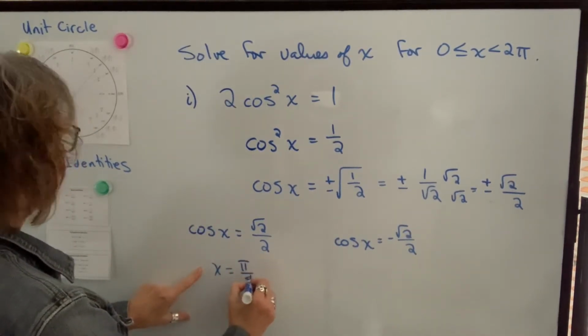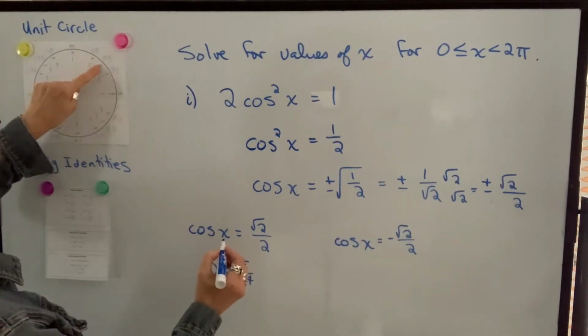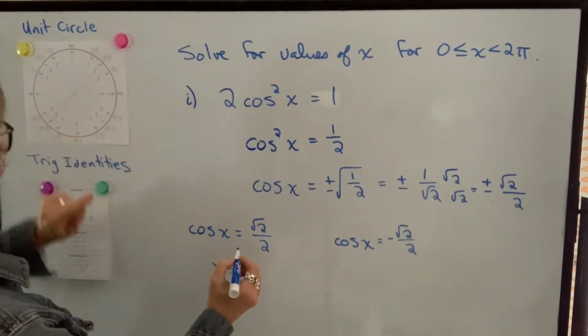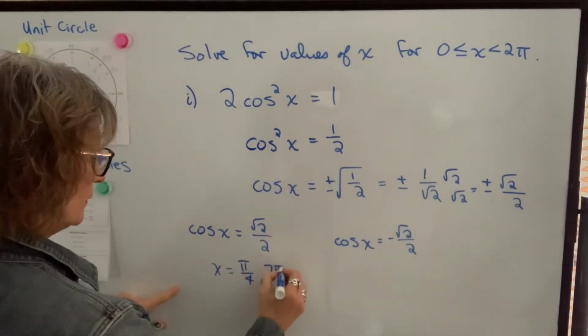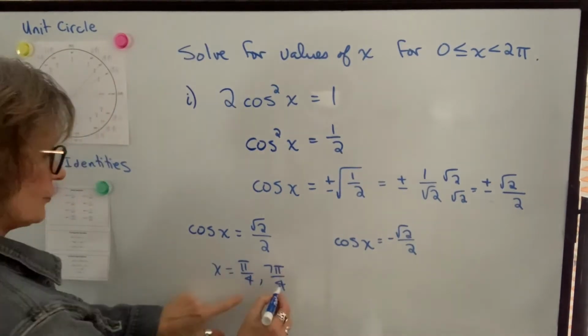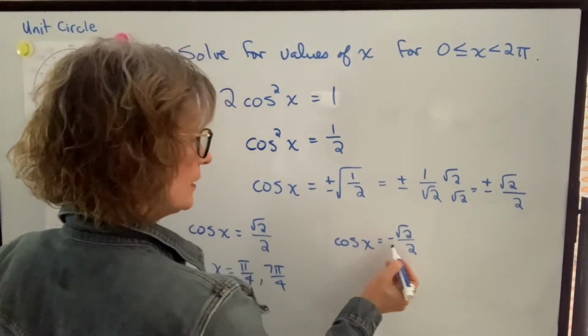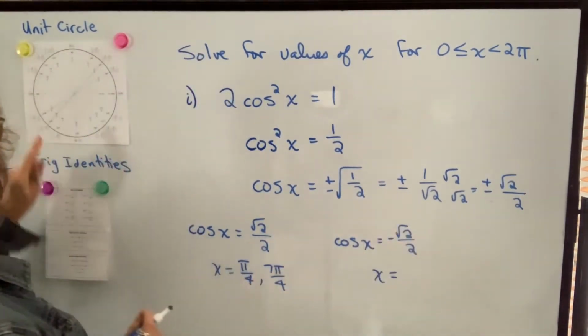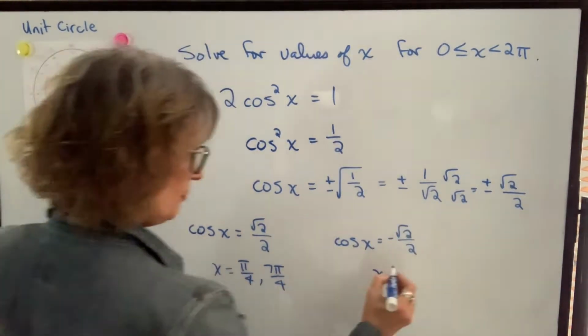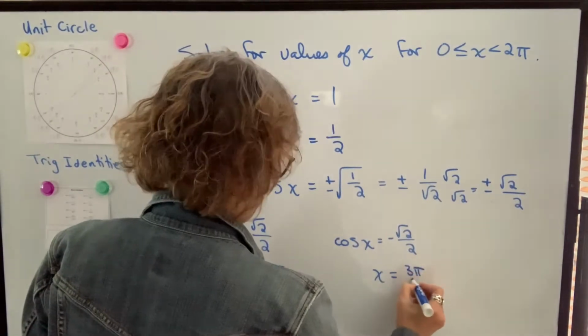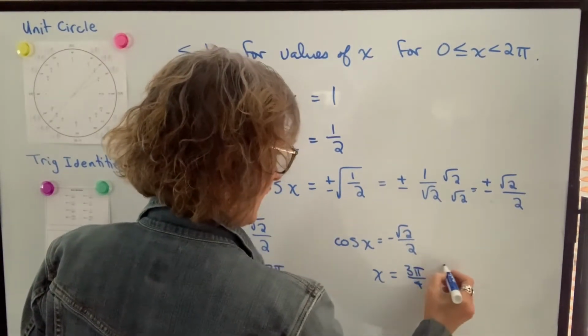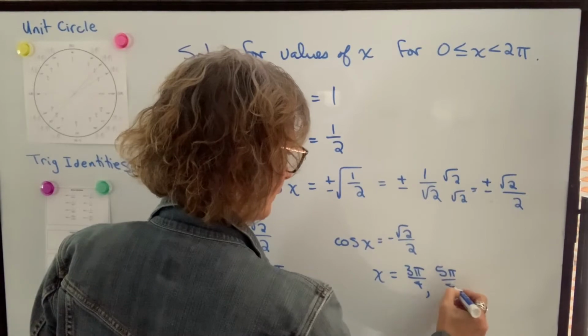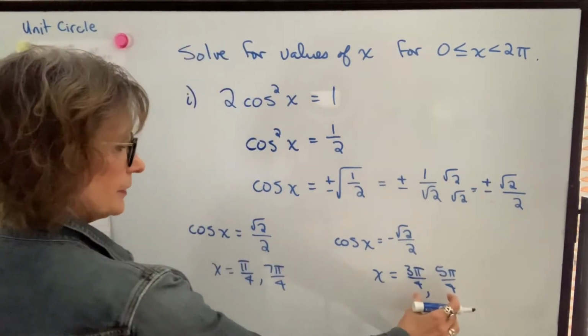So pi over 4 in quadrant 1, and then 7 pi over 4 in quadrant 4. Cos is negative in quadrant 2. So if I go inverse cos of that and look at my unit circle, I'm going to get 3 pi over 4 in quadrant 2, and then 5 pi over 4 in quadrant 3.